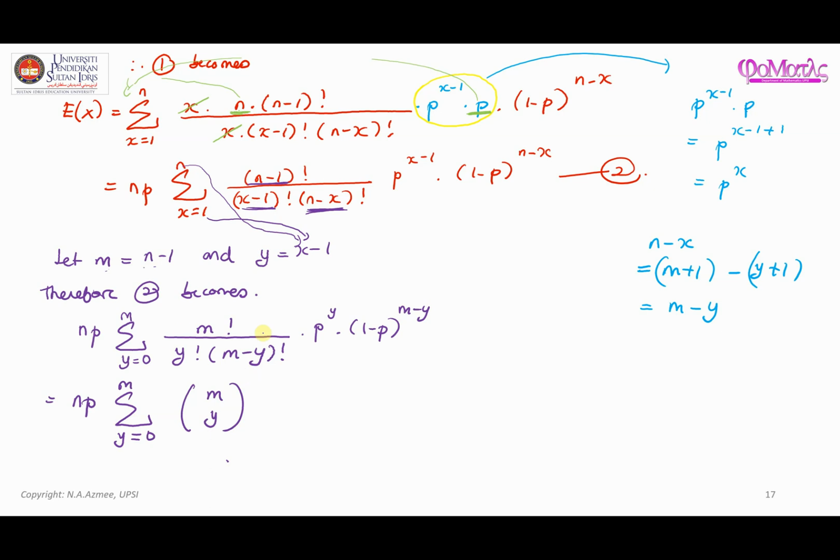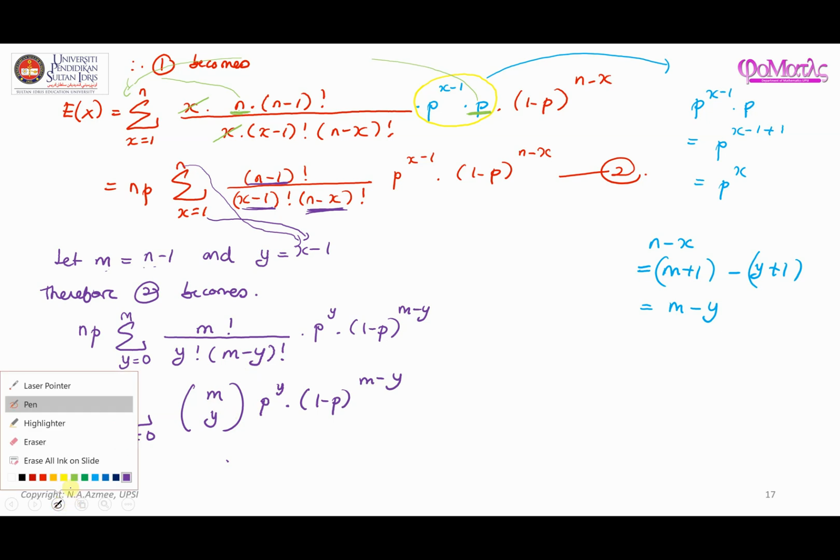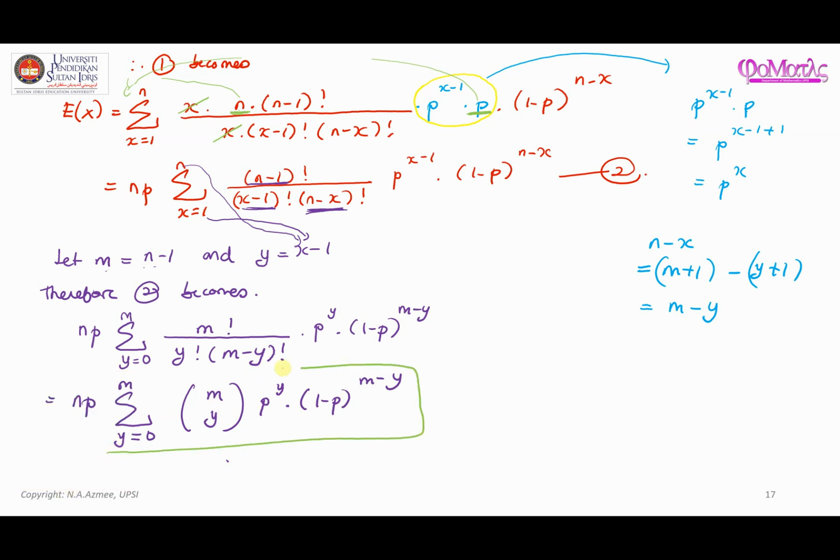If you want, you can write it in terms of m and y. This whole thing is actually the combination choosing y out of m, times p to the power of y, times 1 minus p to the power of m minus y. The whole thing here is actually a probability distribution.